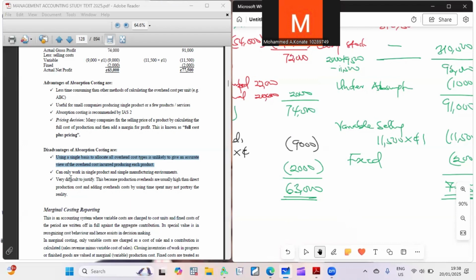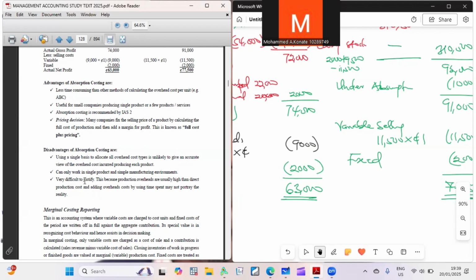It can only work for a single product and simple manufacturing, but big companies produce massive units, so it will be very difficult to use it in big production, where there are complexities in how production is done. This one is machine intensive, labor intensive. It doesn't take into consideration the cost that people are making to get the product produced. And so very soon we will be looking at the ABC.